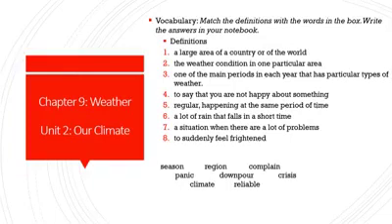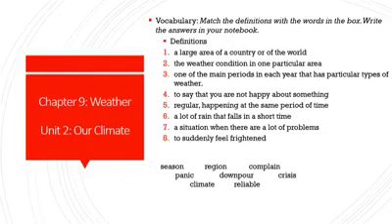So number 1, a large area of a country or of the world. It's called a region. Okay, region. Number 2, the weather condition in one particular area, and the word is climate. Climate.